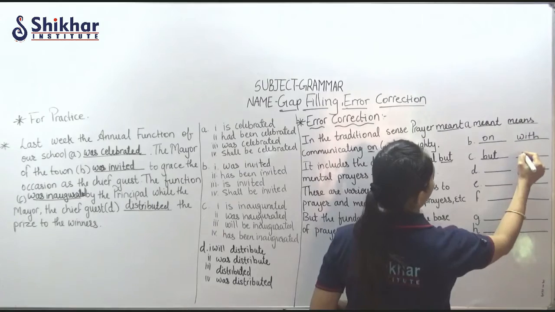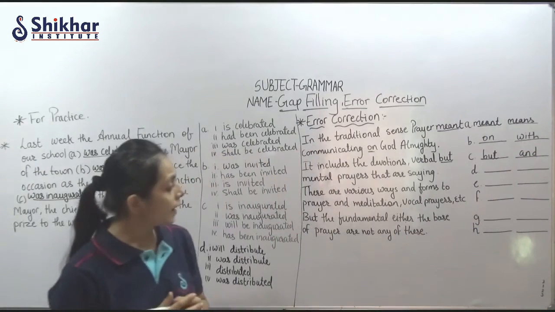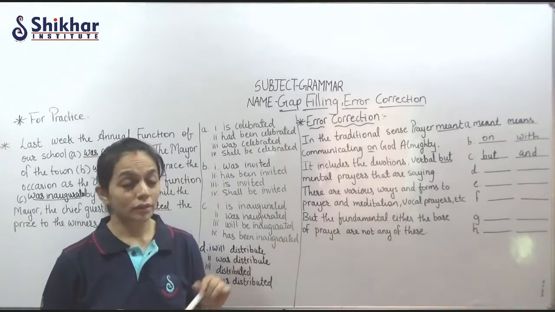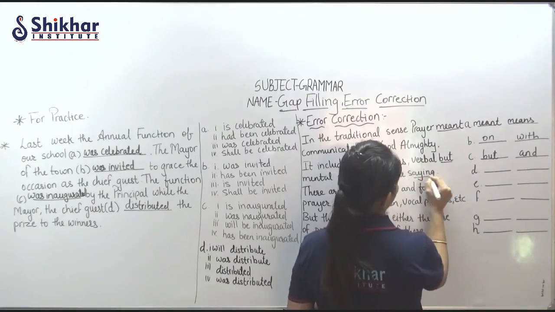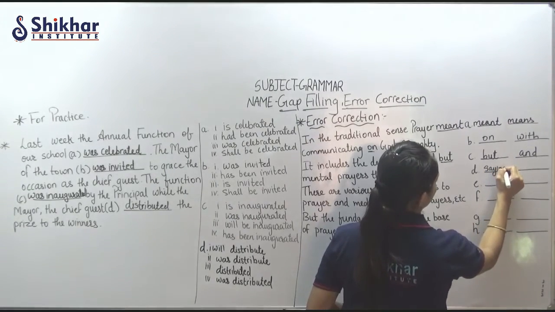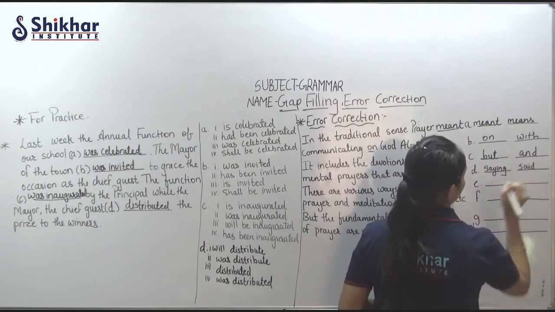Instead of "but," it should be "and" mental prayers, right? Verbal and mental prayers that are saying, no, that are said. So here, "saying" you will write and the correction is "said." Right?